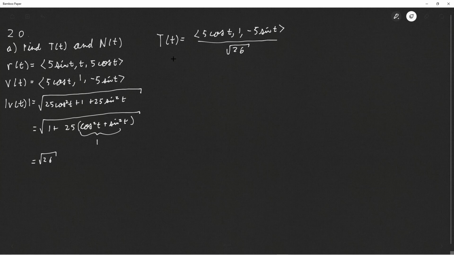Then we need to find the derivative of T, of our tangent vector, in order to get our normal vector. So T prime of t is going to be equal to negative 5 sine of t, 0, and negative 5 cosine of t, all divided by the square root of 26.